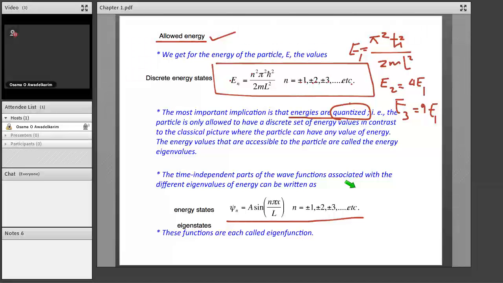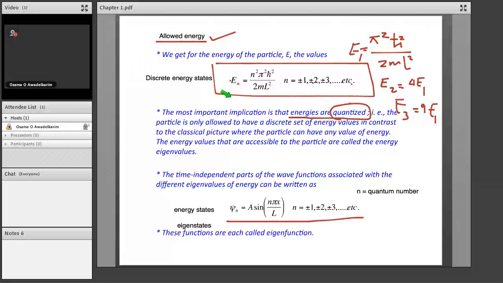And these E_n are called discrete energy values, or energy eigenvalues. Okay, so everything is discrete. It's not continuous anymore.